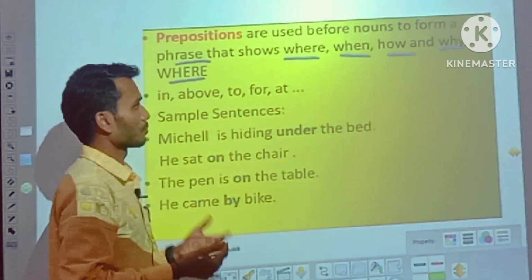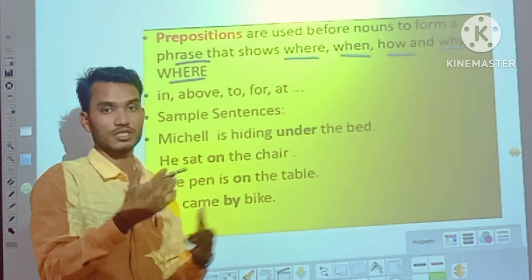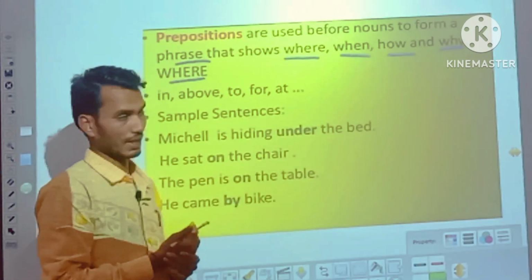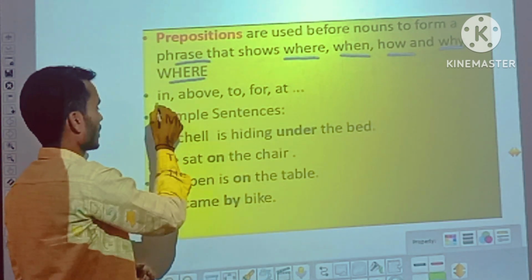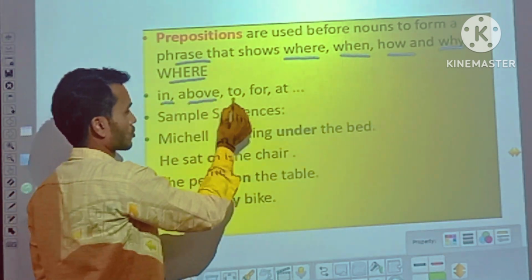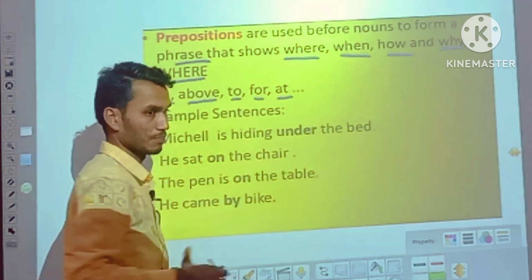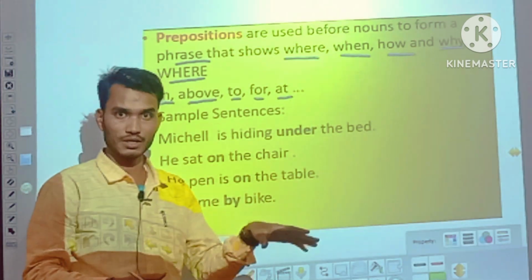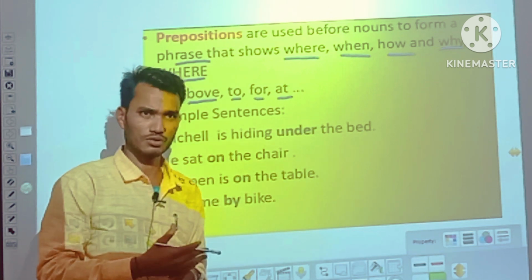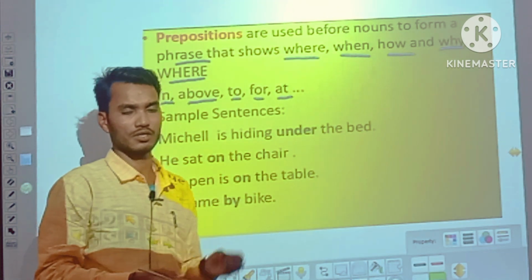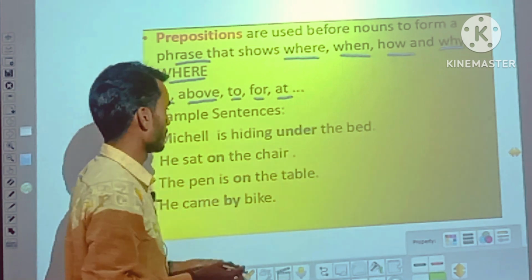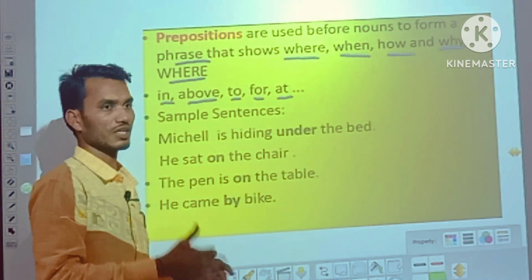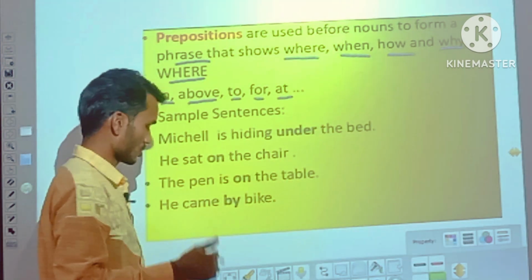We use prepositions to tell the relationship or the place of a subject. For instance, we have in, above, to, for, at, beside, inside, below, under, into, onto. There are ample prepositions in English grammar, and I have taken some of the simplest ones.